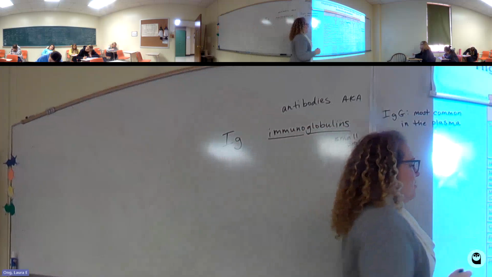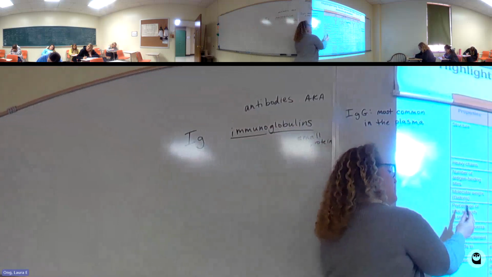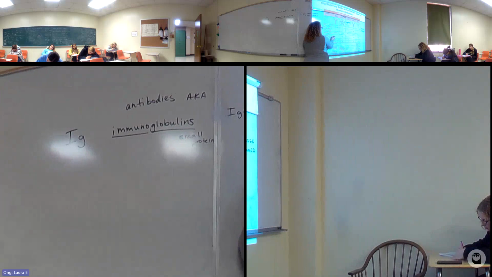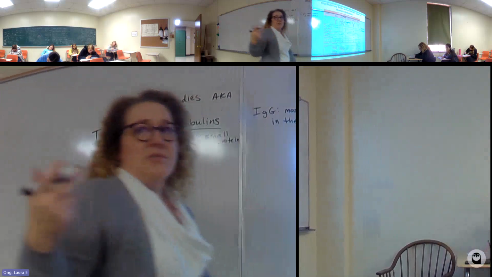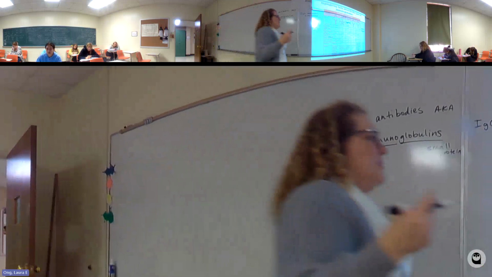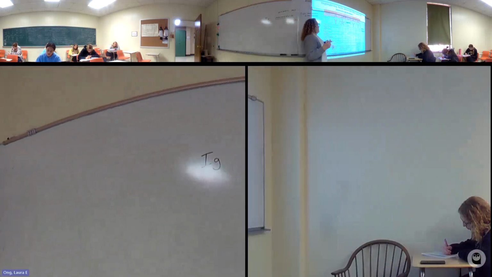So this row right here, where it's saying the percentage of the total antibody in serum, that's just the blood plasma. And if you check a person's blood for antibodies, 80% of those are going to be the IgG type.